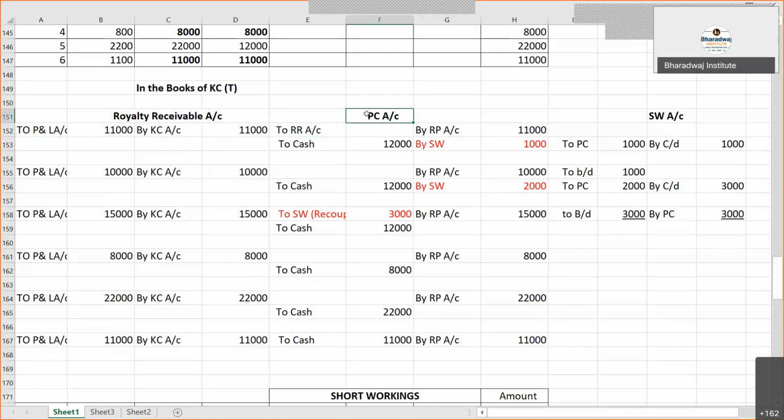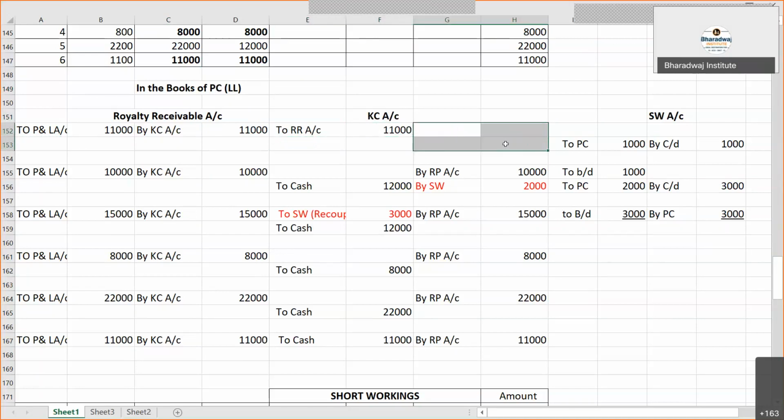This will be in the books of landlord. We'll prepare KC account. To royalty receivable will be 11,000. Instead of to cash, it's going to be by cash 12,000.